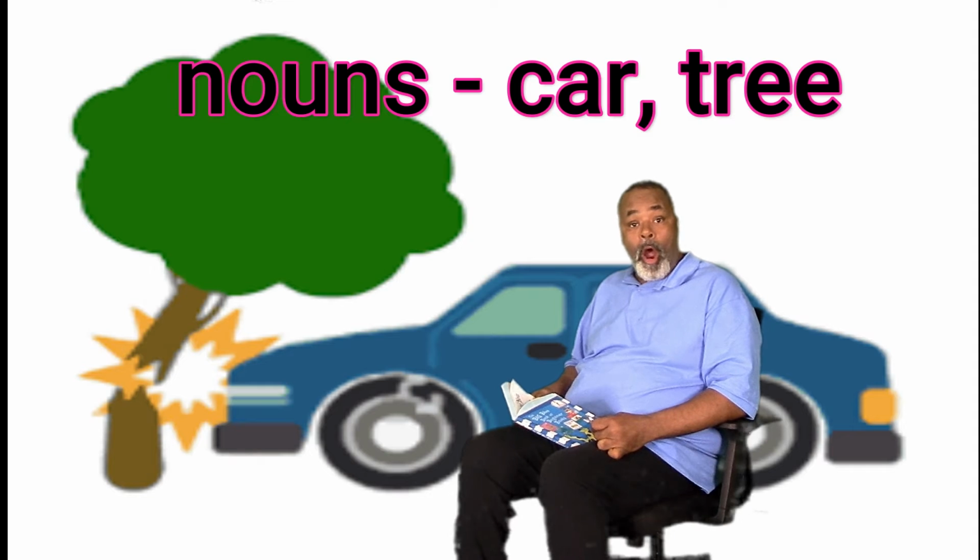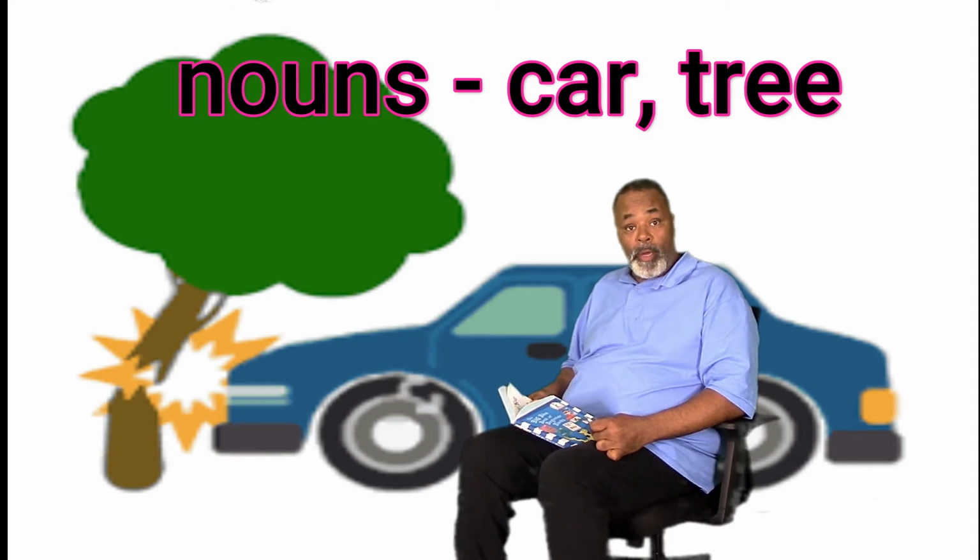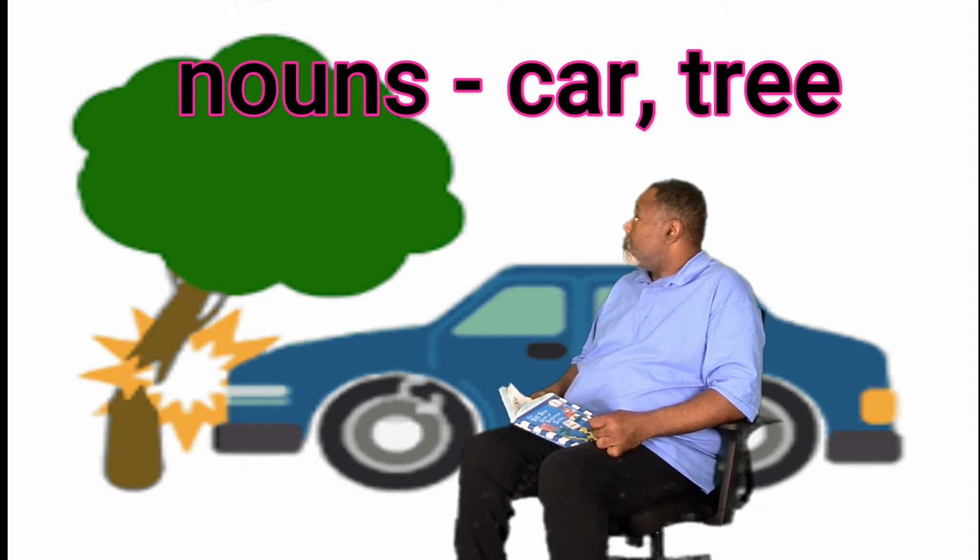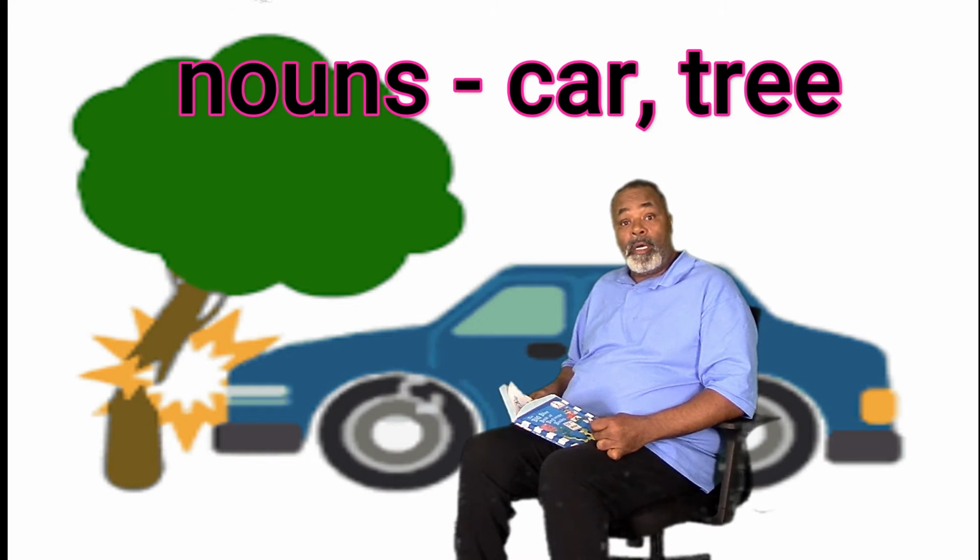When you look at this picture, what would be some nouns in this picture? That's right. A car, and what else? A tree. Very good. So are there any more nouns in this picture? No. So we know that car and tree are the nouns in this picture.